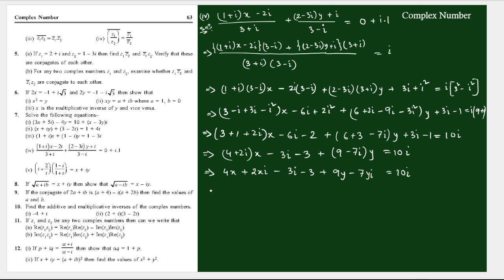Now the real and the imaginary part we will write it separately.